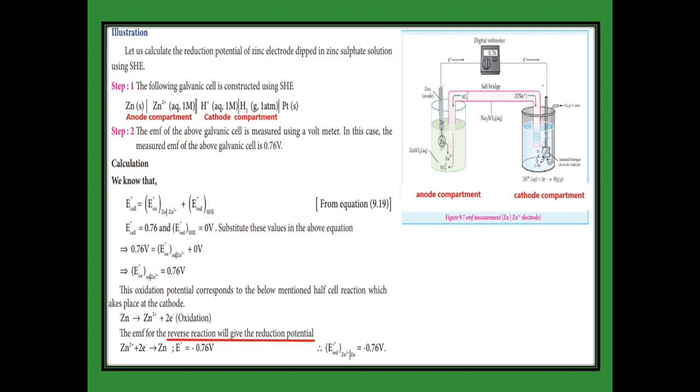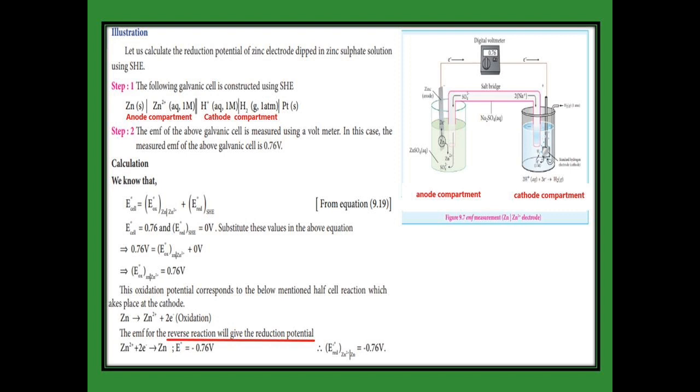Then in the standard hydrogen electrode, what is the volt? It is 0 volt, and in the voltmeter the voltage we are getting is 0.76 volt. So through that we get the EMF of the anode, which means 0.76 volt.